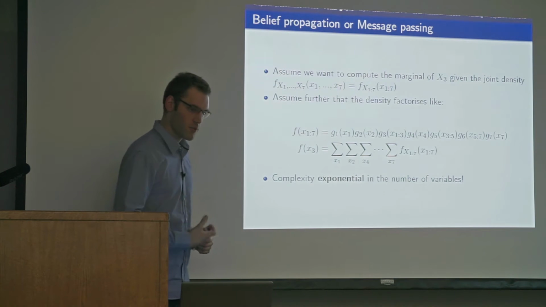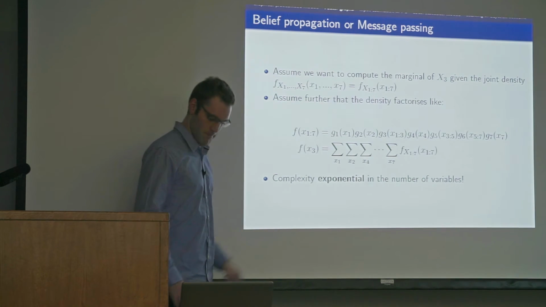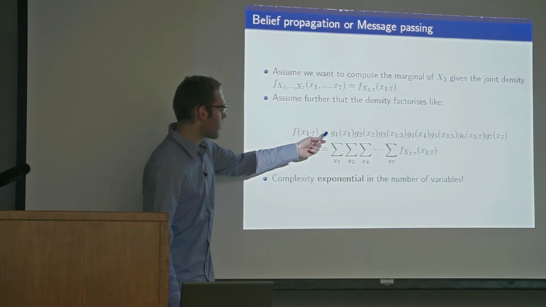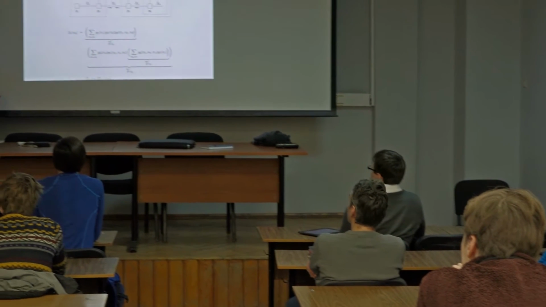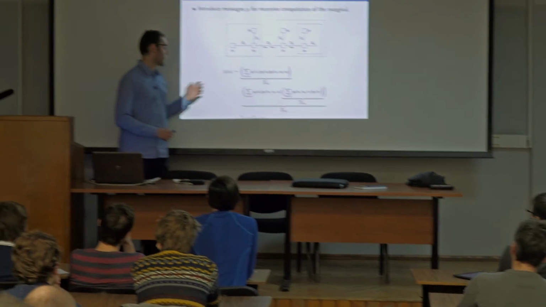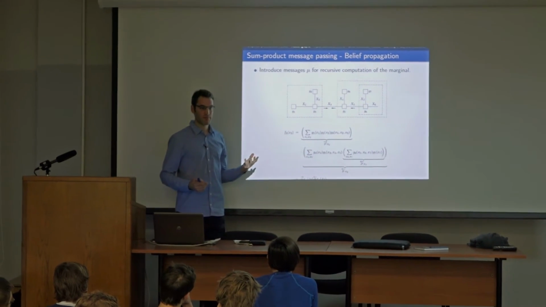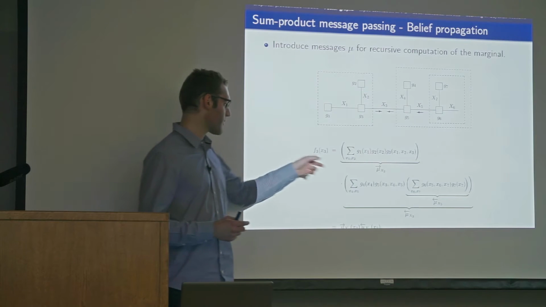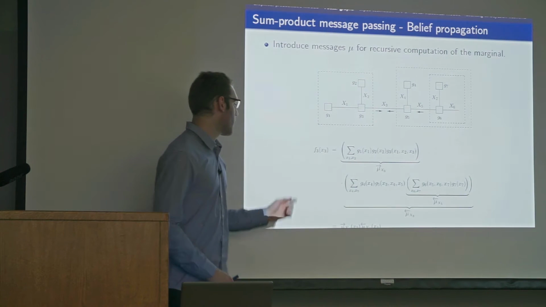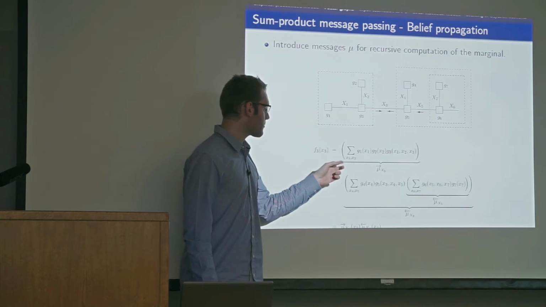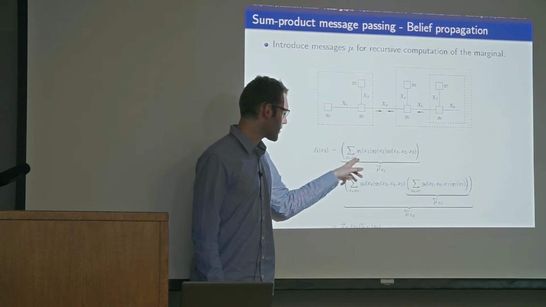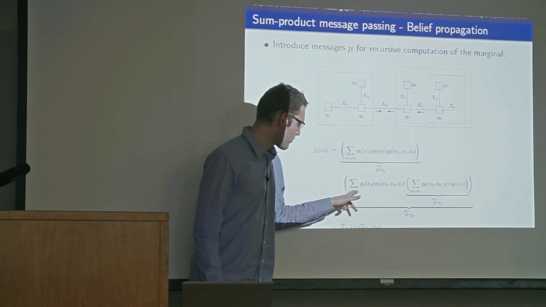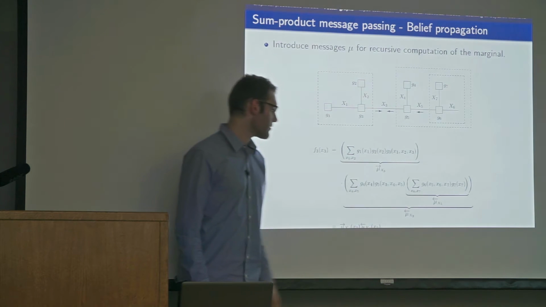But we can actually use the structure of our distribution in the following way. We have f3 of x3, which is the marginal, and we get it by summing. I hope you can see it. We sum over x1 and x2, over x4, x5, x6, x7.